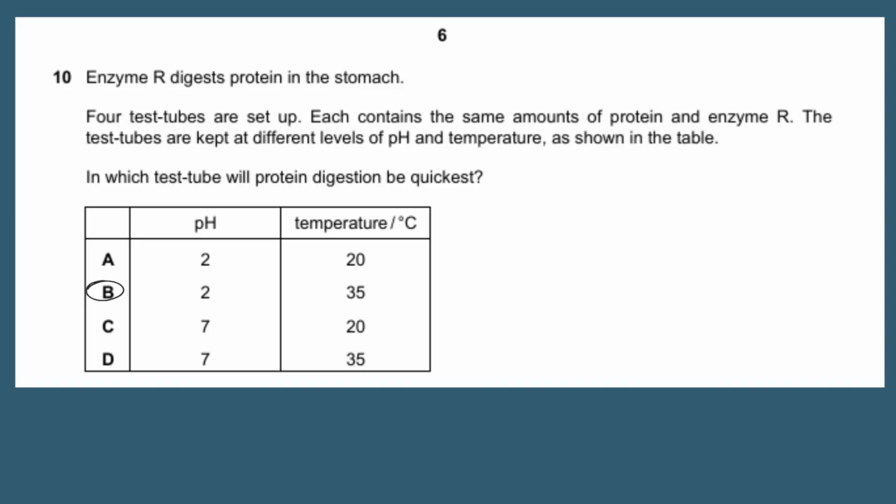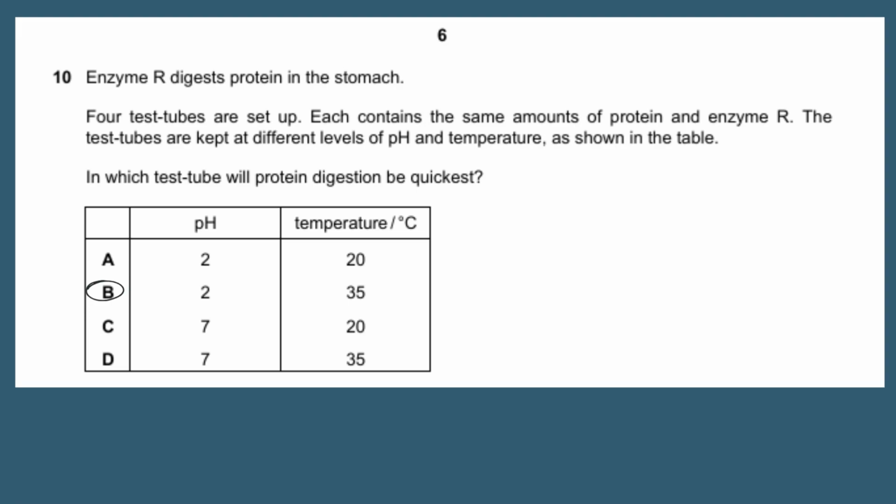Right. Now we have to argue about the temperature. Usually, enzymes react very properly and quickly at body temperature, between 35 and 37. So you can guess what the answer should be.